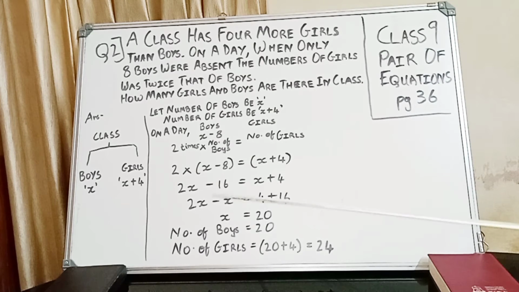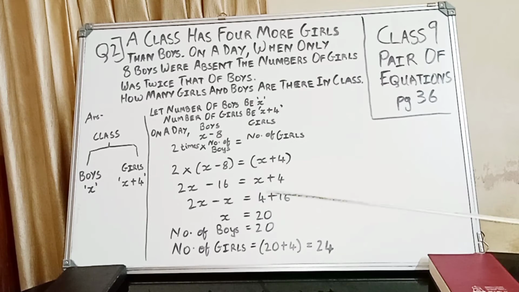This 2 is multiplied into x, and this 2 is also multiplied into 8. So 2 into x is 2x, this minus sign will be taken below, and 2 into 8 would be 16. The equal to sign will come under the equal to sign.